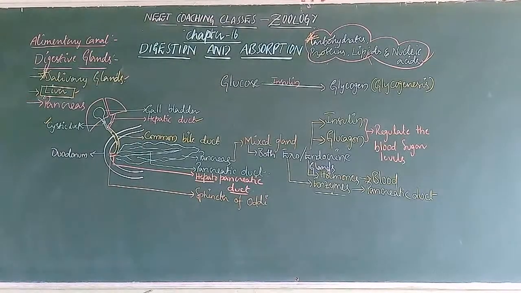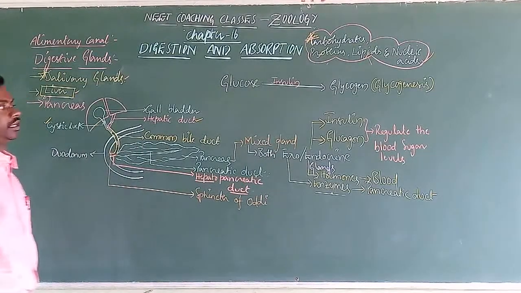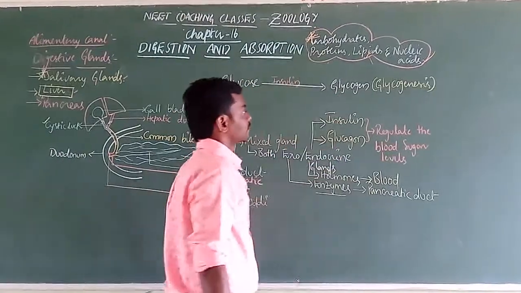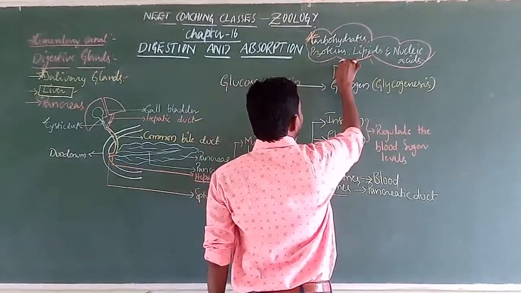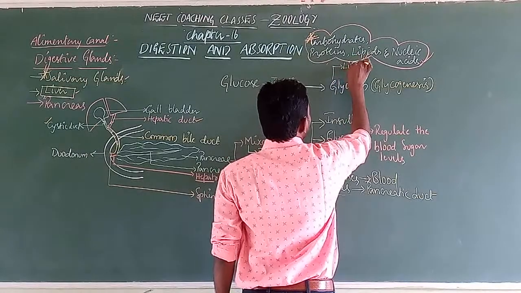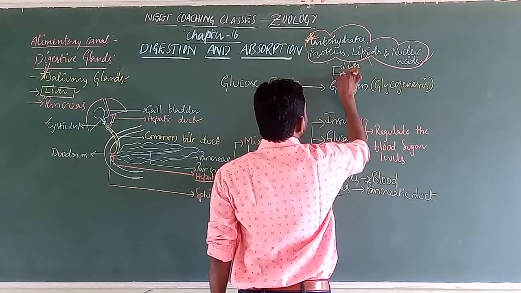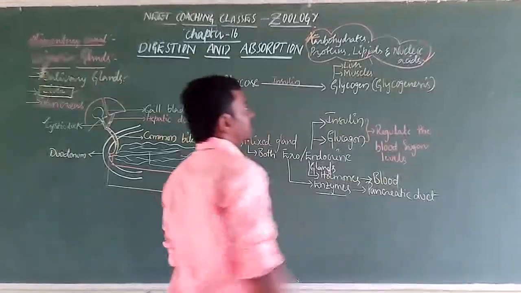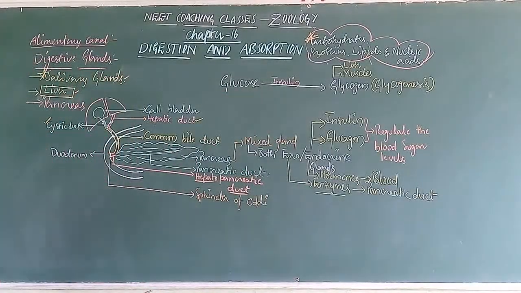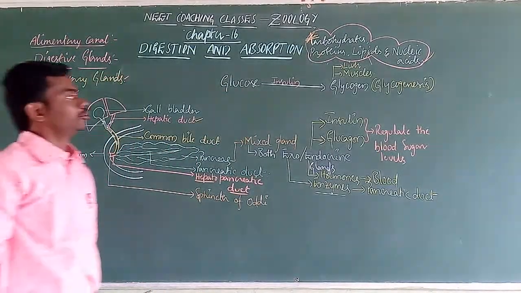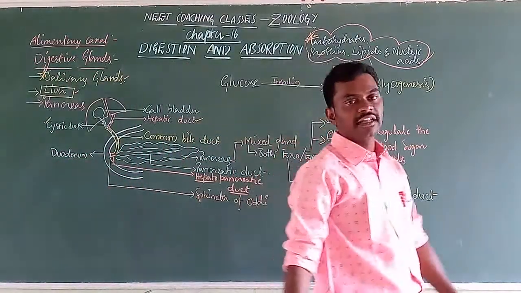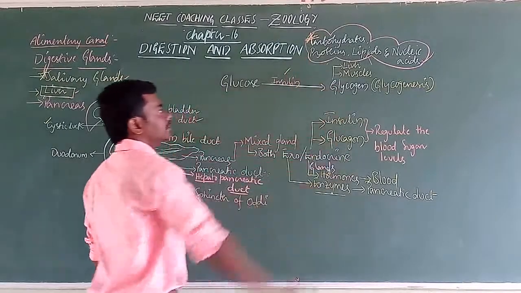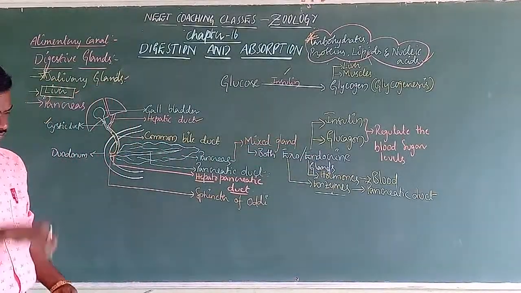The extra amount of glucose, the stored food, is glycogen, which is stored in the liver as well as in skeletal muscles. In skeletal muscles and liver, the extra glucose molecules will be stored in the form of glycogen, which is performed by insulin.